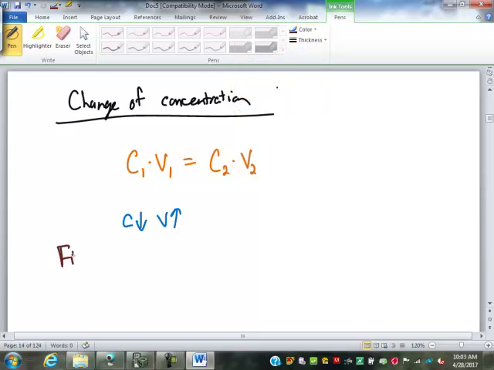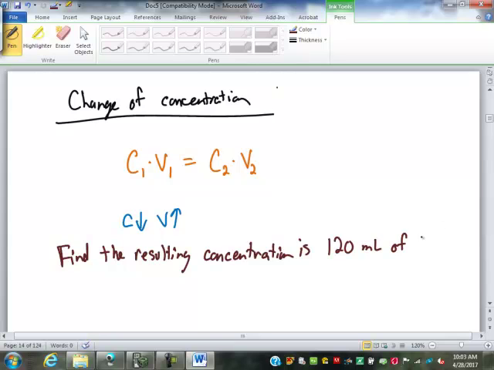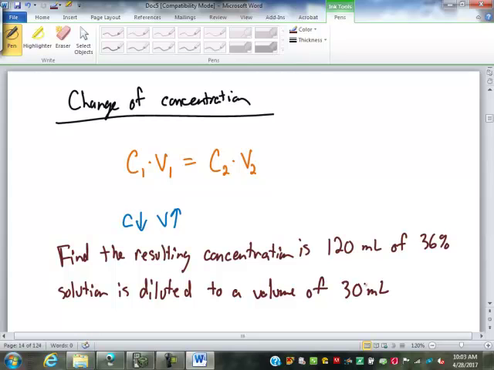So I might ask, find the resulting concentration if 120 milliliters of 36% solution is diluted to a volume of 300 milliliters.